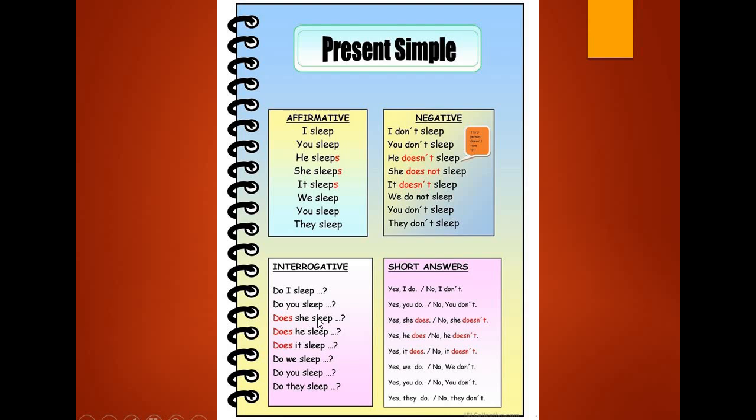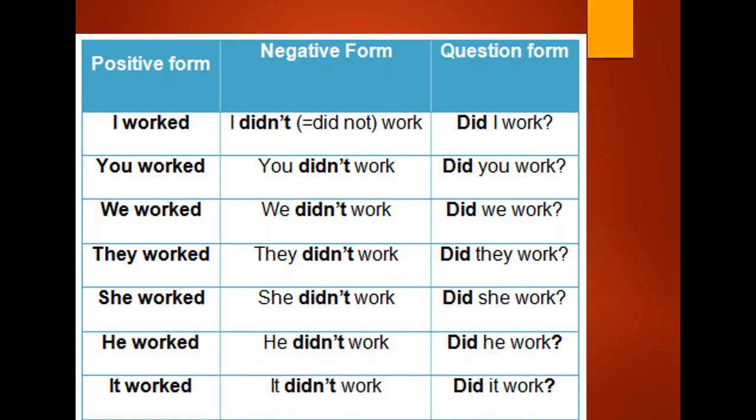So, I'm just giving you a brief revision for the present simple to know what I mean when I say my verb is in the present tense. The present tense means my verb either takes S when the subject is singular or no S when my subject is plural. The past tense says you only add ed to the verb if it is regular, and you change the verb totally if it is irregular.